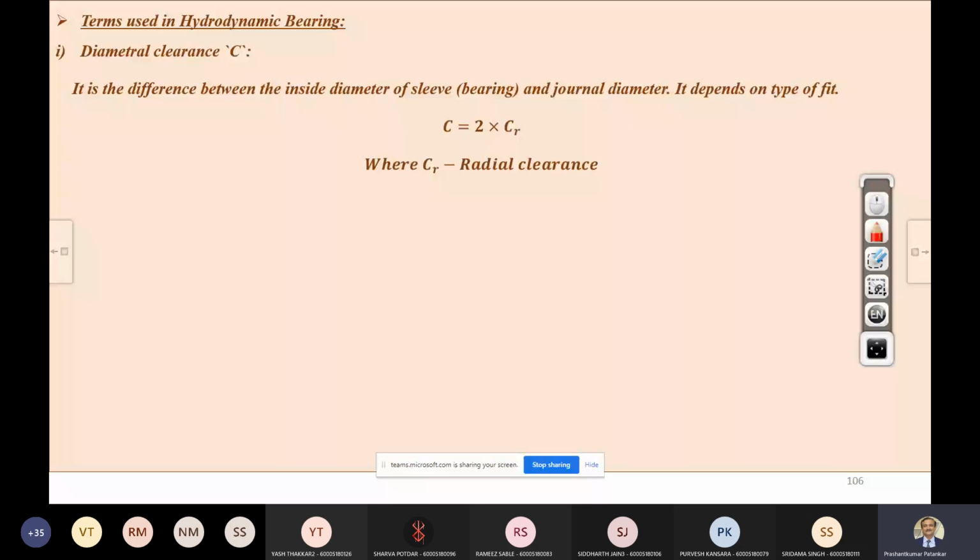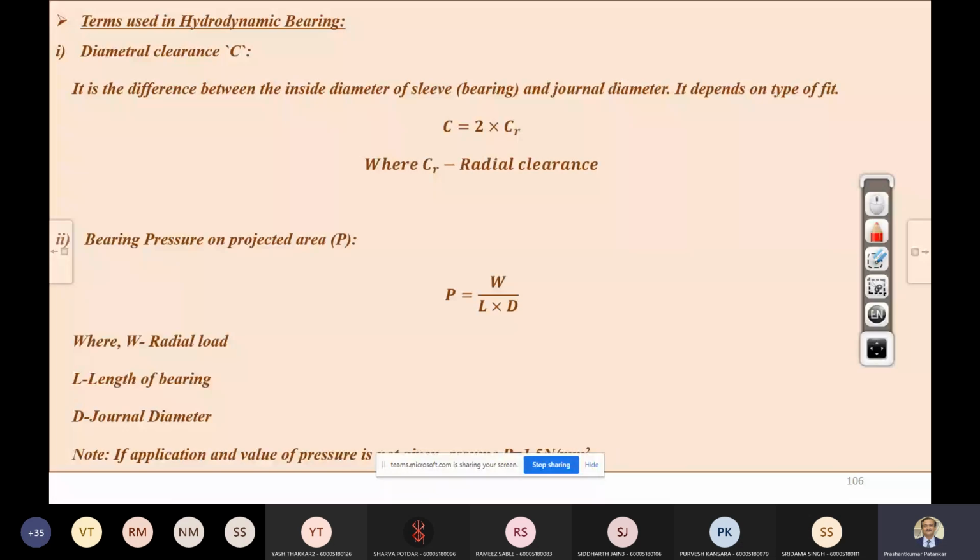Capital C for diametral clearance and CR for radial clearance.